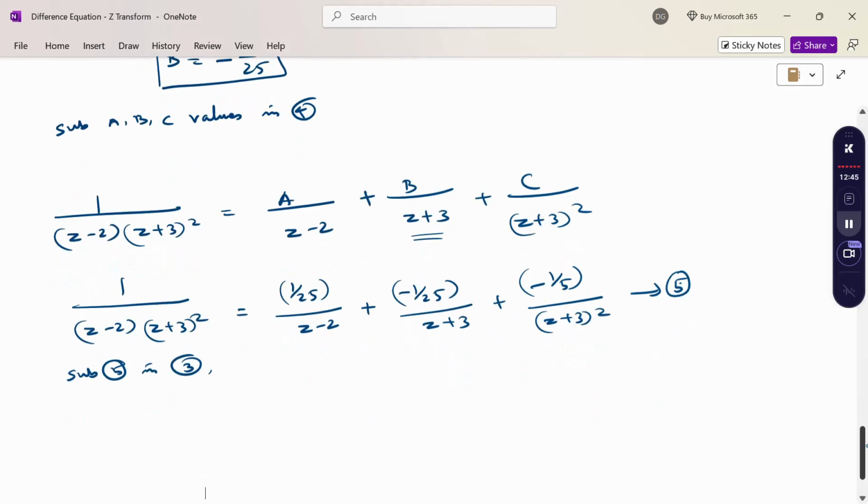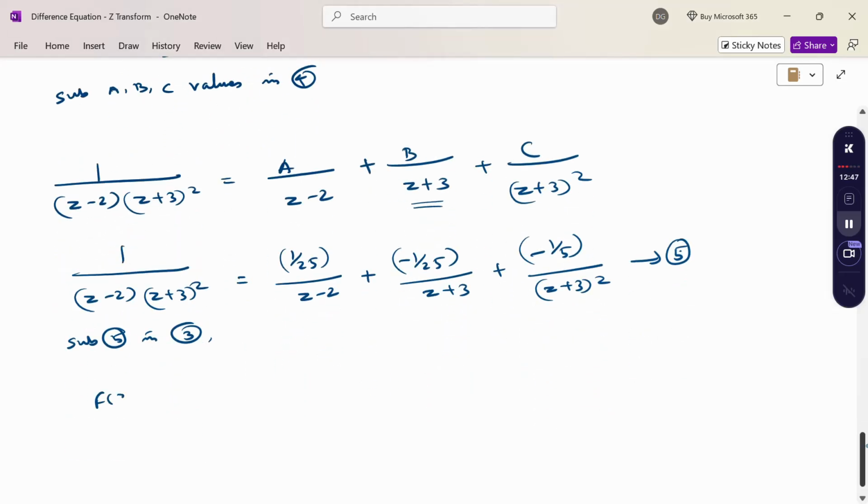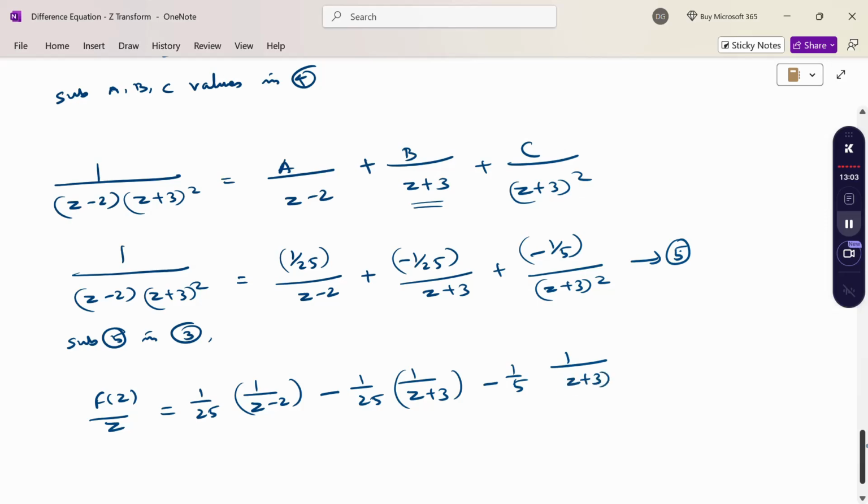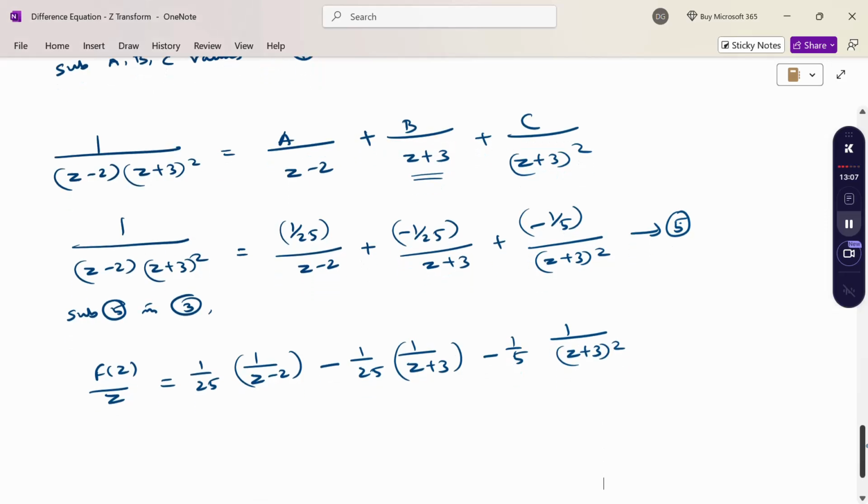So f(z)/z = (1/25)(1/(z-2)) - (1/25)(1/(z+3)) - (1/5)(1/(z+3)²). Now take this z to the right-hand side.